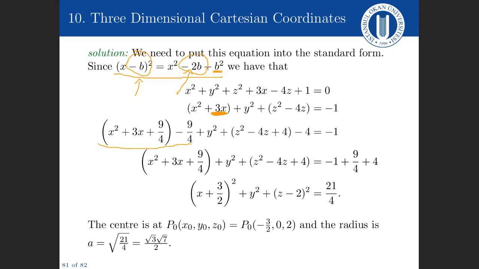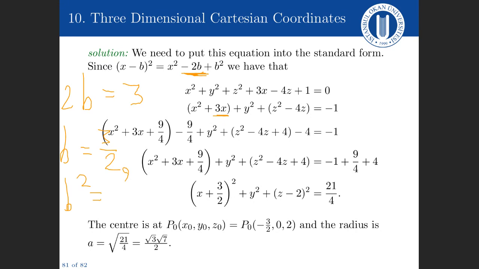I have a 3x. That must be the same as 2b. That tells us that 2b must be the same as 3. b must be 3 divided by 2, and then b squared must be 9 divided by 4.